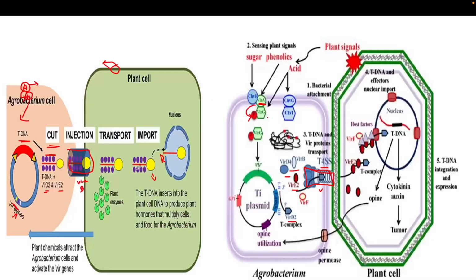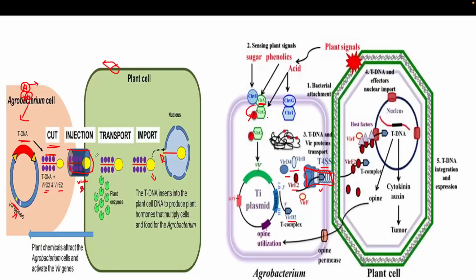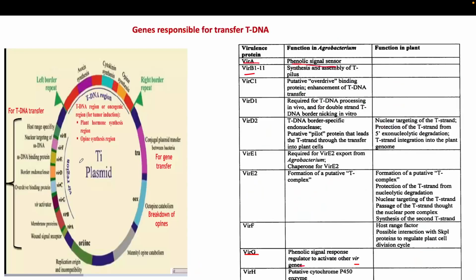You can call it a pilus, channel or complex, whatever you want to say. It is responsible for making this channel, and it has 11 genes.